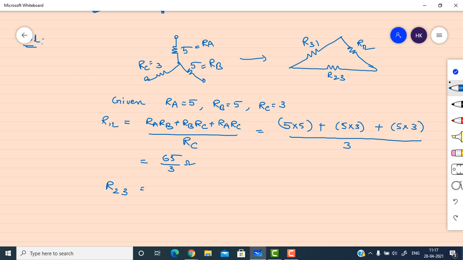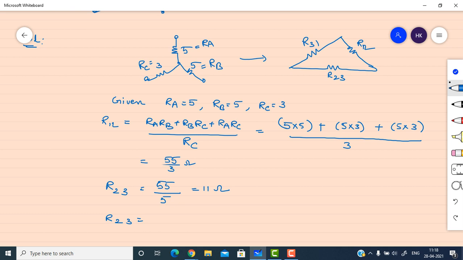In the same way, R23. For R23, again the same formula, the numerator is the same, 55 by the opposite resistance. For R23, the opposite resistance will be RA. RA is 5, so 55 by 5 is 11 ohms. I am not writing the formula.